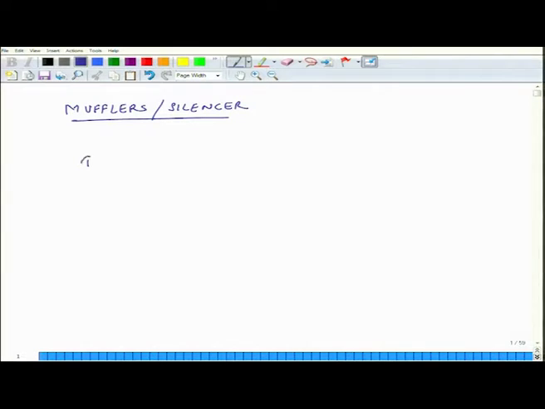So, you have reactive mufflers, and the second category is dissipative mufflers. Both these mufflers are used to reduce sound, but the operating principles of these two broad categories of mufflers are different.